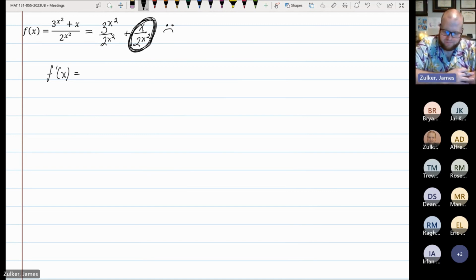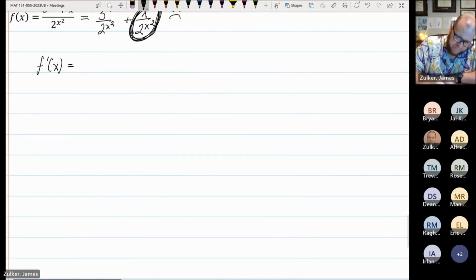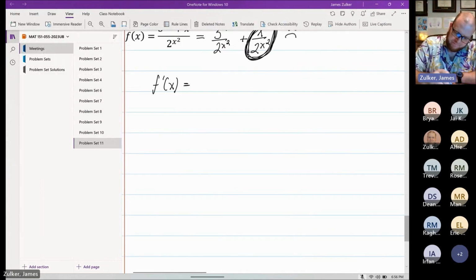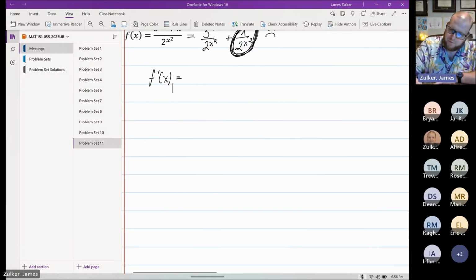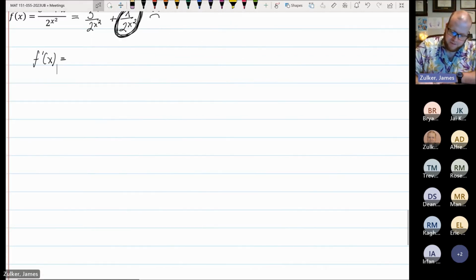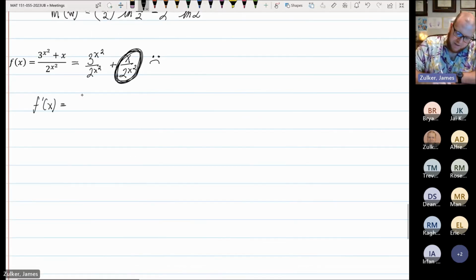All right, quotient rule. Don't know why it keeps zooming when I try to write. It's getting annoying. Denominator times the derivative of the numerator.